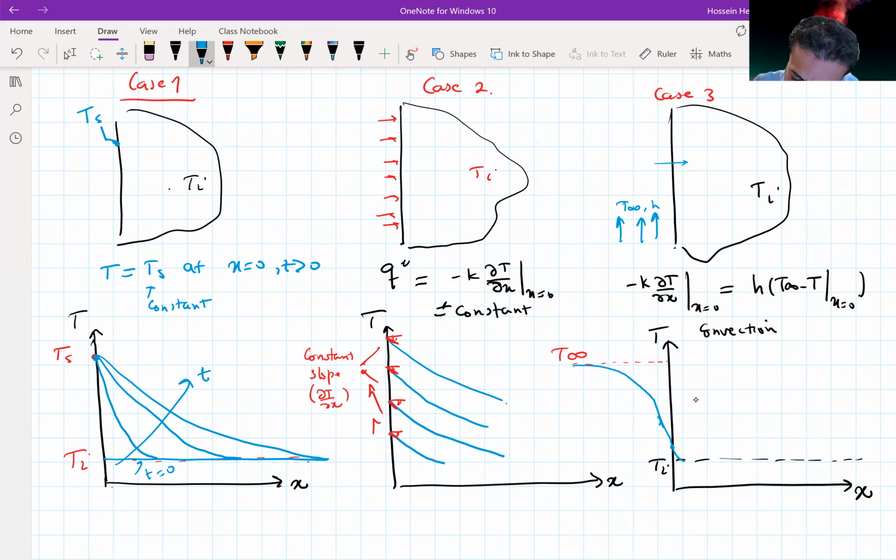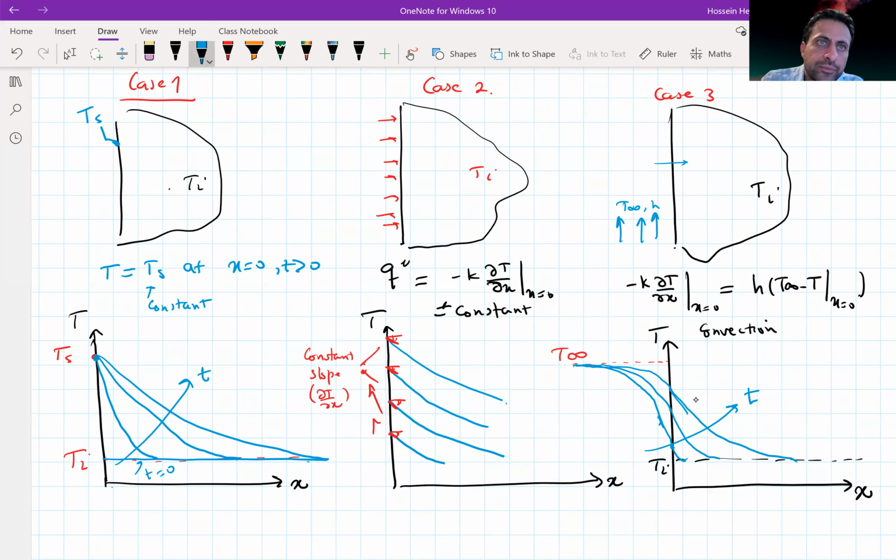through the solid, and then heat is propagating inside the solid. As time goes by, we are going to have more and more heat transfer by convection and then conduction inside the solid. So this is rising time.